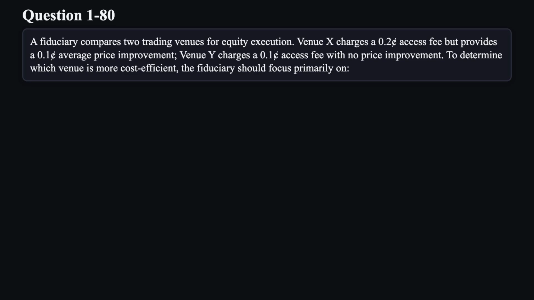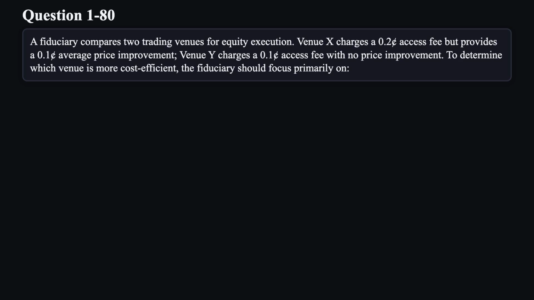Question 80. A fiduciary compares two trading venues for equity execution. Venue X charges a 0.2 cents access fee but provides a 0.1 cents average price improvement. Venue Y charges a 0.1 cents access fee with no price improvement.